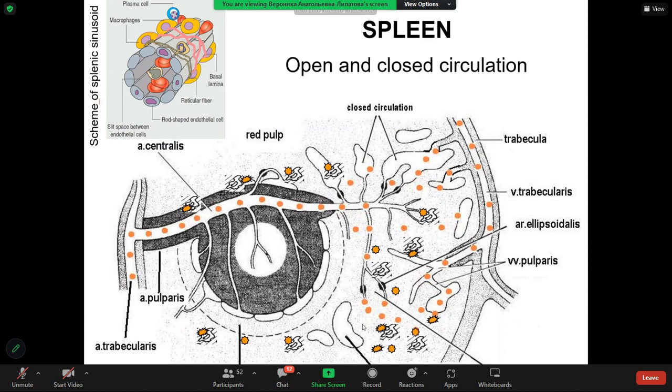This is open circulation. Closed circulation is very ordinary, within blood vessels.